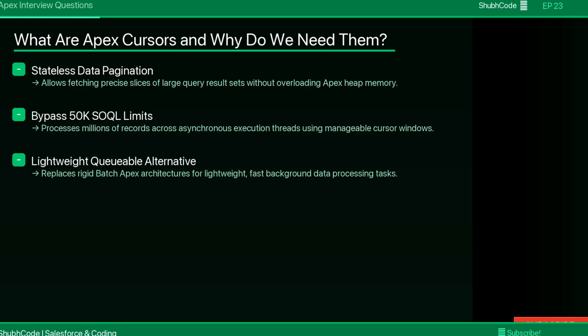Apex cursors solve this by offering a lightweight, stateless mechanism to navigate query results in memory-safe windows. You initialize a cursor using Database.Cursor c = Database.createCursor('SELECT Id, Name FROM Account') and fetch slices dynamically. This gives developers granular control over large record processing directly inside Queueable Apex.